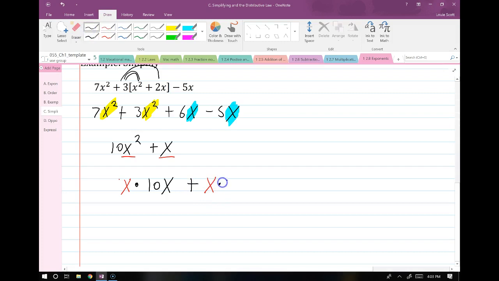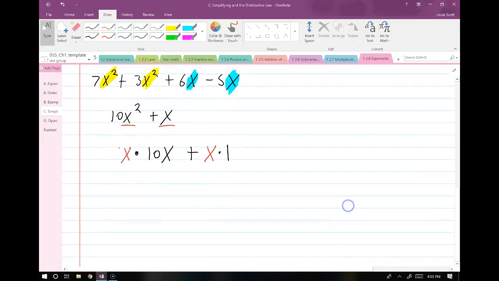But it's also multiplied by a little 1 here, right? And so we'd say, oh, both of these contain factors of x. I'm going to pull that out front. So we would write the factor out front, and then in parentheses, we'd write whatever's left. 10x plus 1. Okay, so that's just a little recall from some factoring.